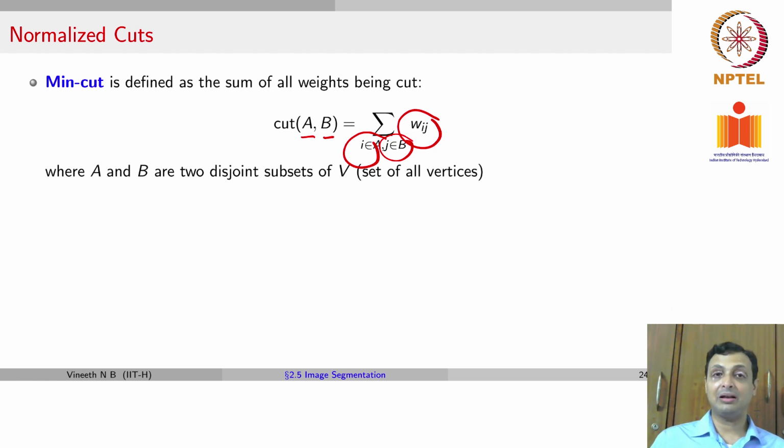For whichever choice of A and B you get a minimum cut value, that is the cut you're going to choose to divide the graph into two segments. So clearly, as you can observe here, this method only divides two segments at a time. So if you want more segments, you'll have to do this more and more times, or probably use other heuristics if you wanted to combine them later into fewer segments.